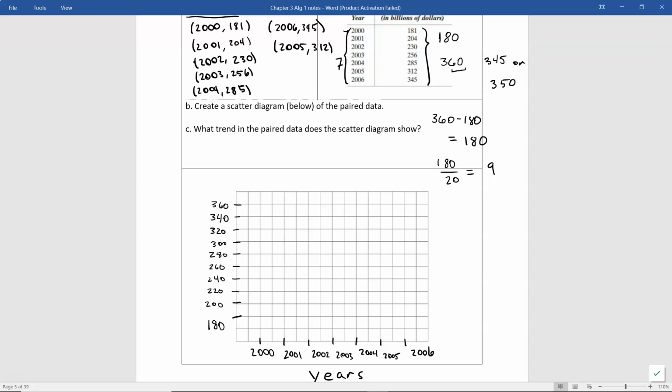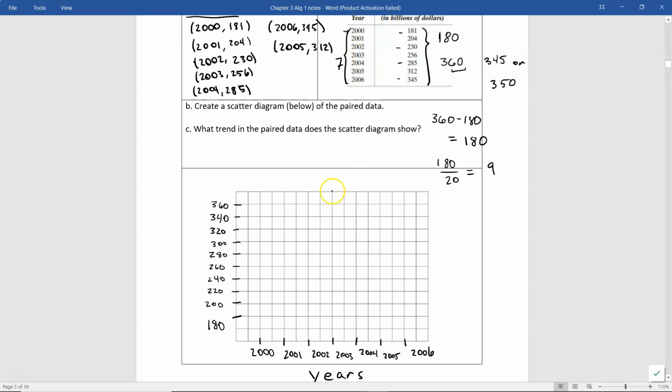We could have spaced this out further by doing steps of 40 and skipping 1. But I wanted to show this because it'll also make plotting these points a little bit easier when you use every single box.